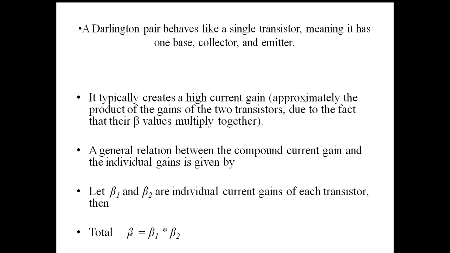Then the overall beta, total beta, is equal to beta 1 multiplied by beta 2. Therefore, the two transistors' gains get multiplied. Therefore, the overall gain of this Darlington pair may be increased.